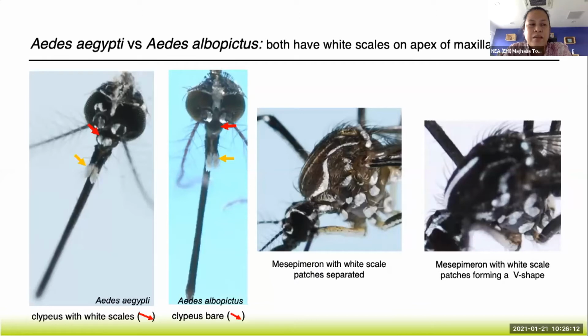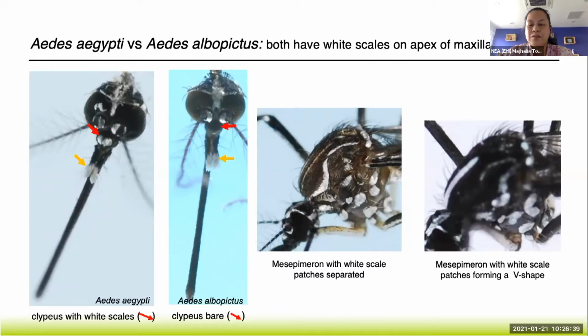But I am not particularly familiar with whether there is a subspecies Aedes aegypti, so we will check on that. But based on what you wrote, this is still the same species, Aedes aegypti. But there may be a subspecies which I'm not familiar with, and we can check on that.